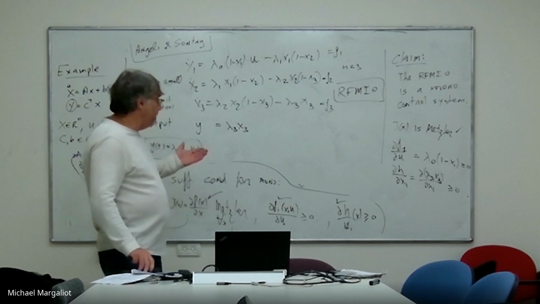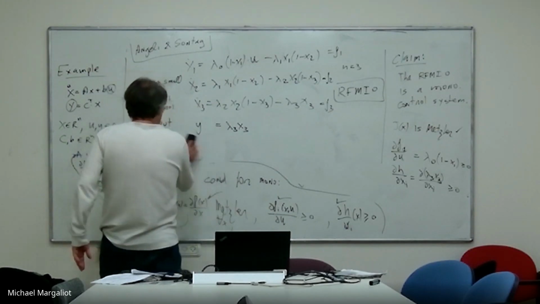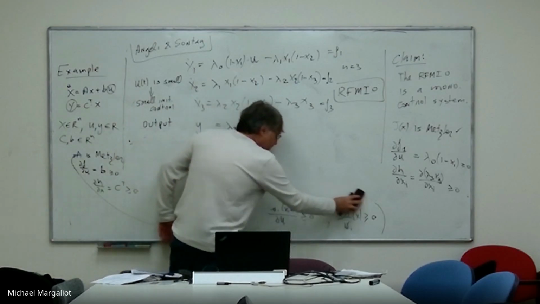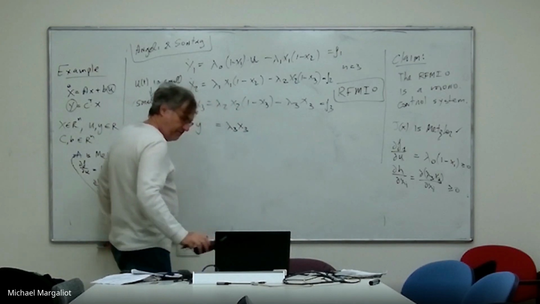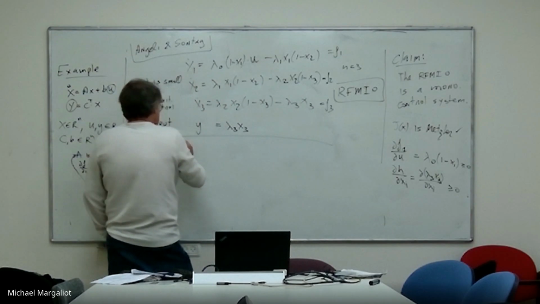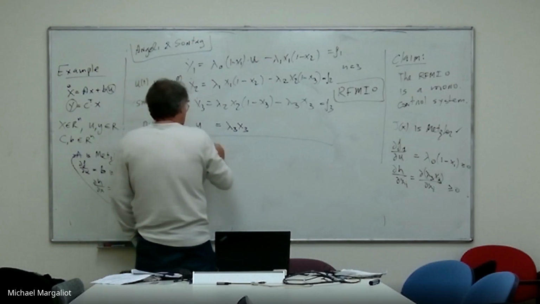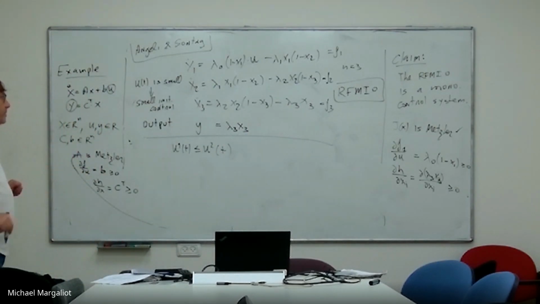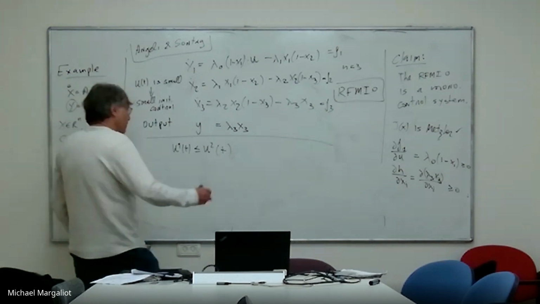And what does this mean? Just to understand, it means that if we take two controls for the RFM, say u1(t), which is always smaller than u2(t), so we take two controls that actually control the initiation rate, and one of them is all the time larger than the other.